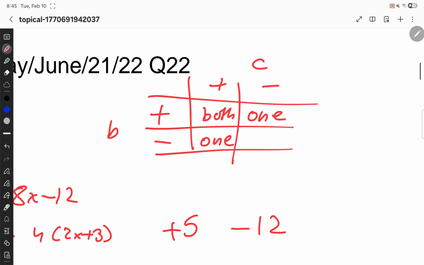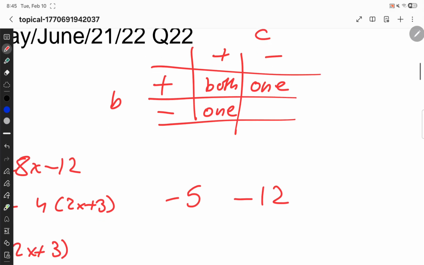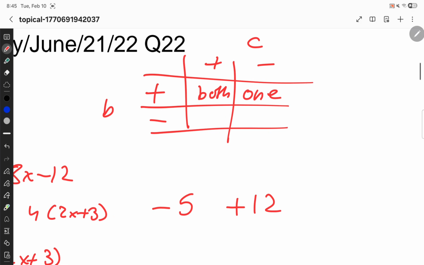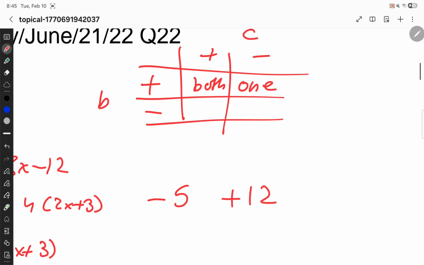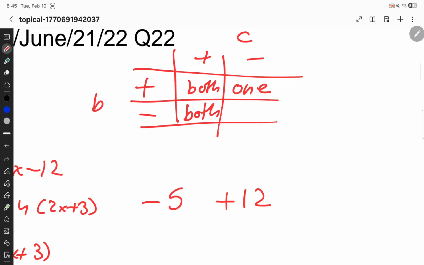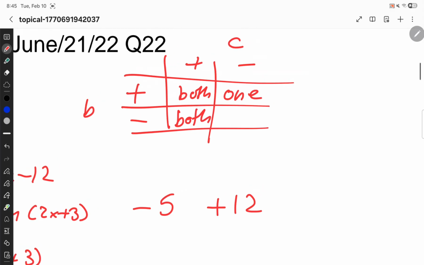So next is, if both are negative, then how do we know? If C is positive and B is negative, then this will be the case of both rows being negative.